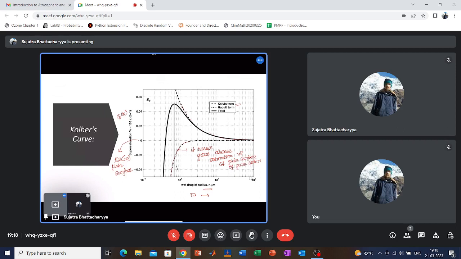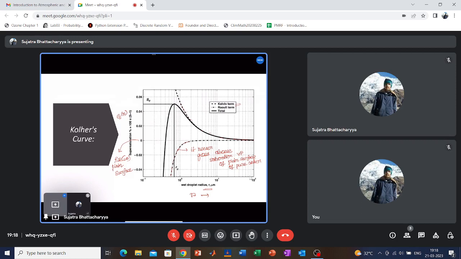Because these sea salts or hygroscopic nuclei which are present act as a solute, and they do not allow the droplet to convert into the vapor phase. So there is less evaporation and fewer droplets near the surface.